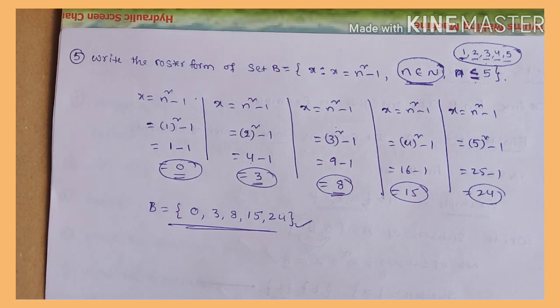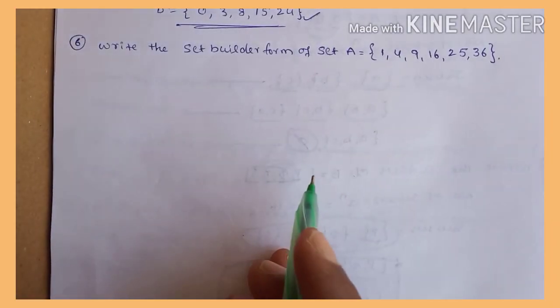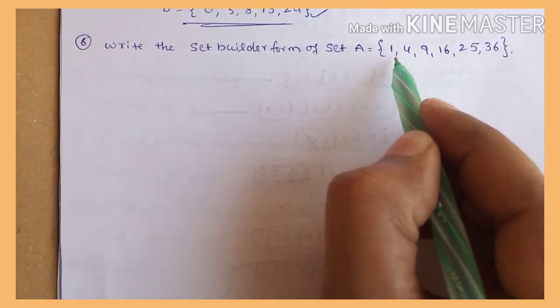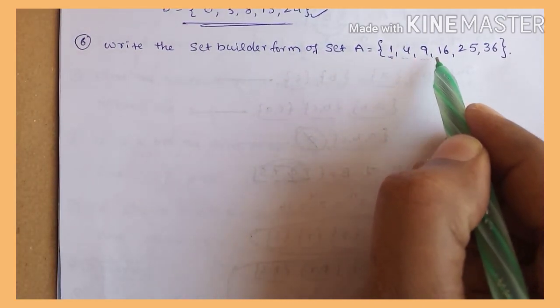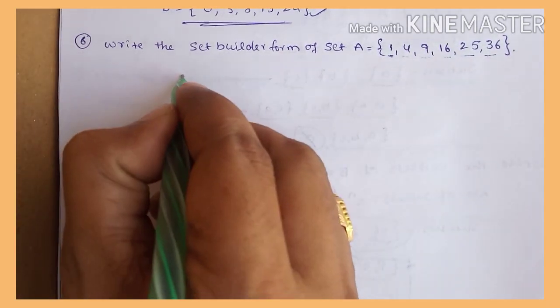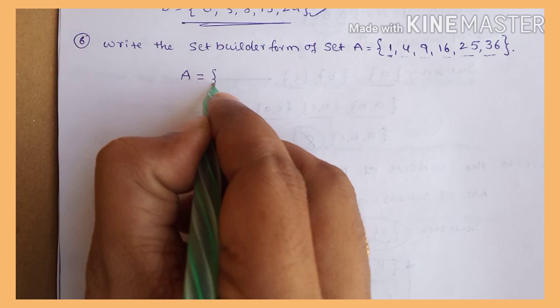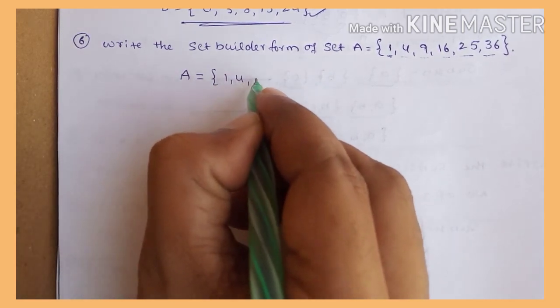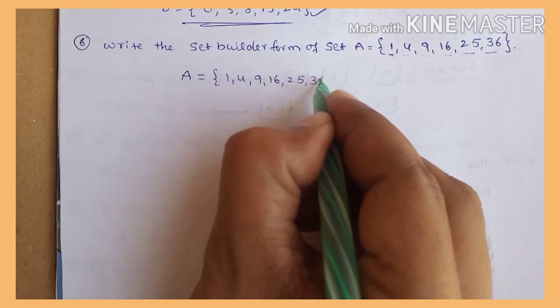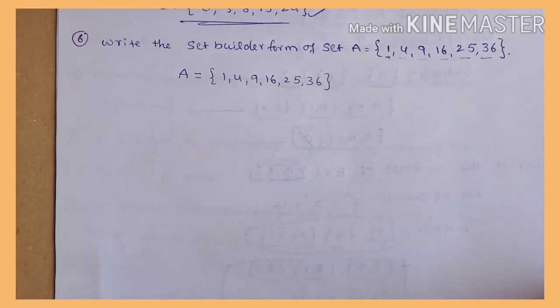Okay, next problem. Now the next problem, write the set builder form of set A is equal to {1, 4, 9, 16, 25, 36}. What is the given set? Set A is equal to {1, 4, 9, 16, 25, 36}. These are the elements.